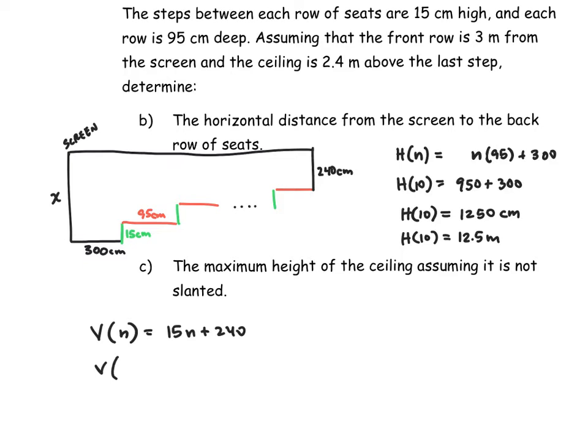In this case, with 10 rows, the maximum height of the ceiling would be 15 times 10 plus 240, which gives us 150 plus 240, which ends up being 390 centimeters, which of course in meters would be 3.9 meters. Okay, let's try another example here involving maybe some finance.